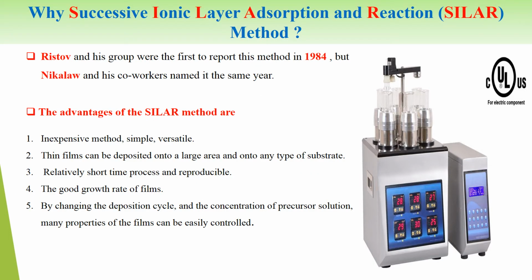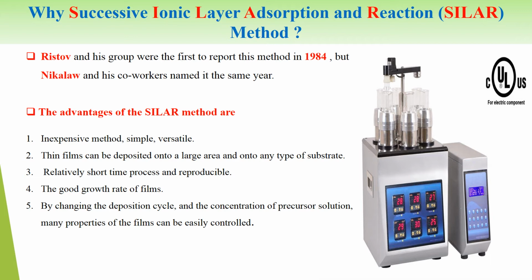Now, why we choose the SILAR method? Historically, in 1984, Ristov and his group were the first to report this method, but Nicolau and his co-worker named it in the same year. There are many reasons why we choose this method. The first, it's an inexpensive, simple, versatile method.